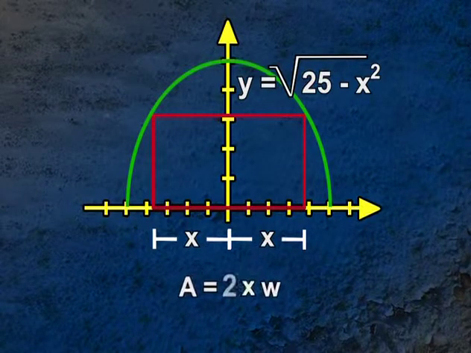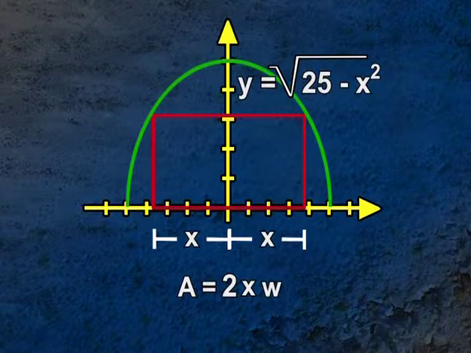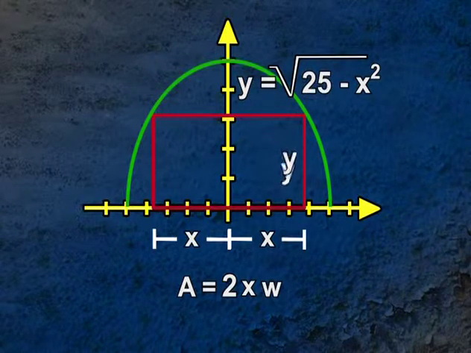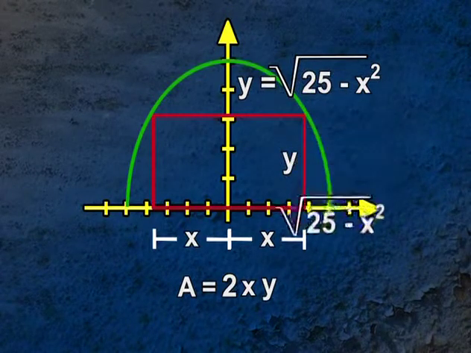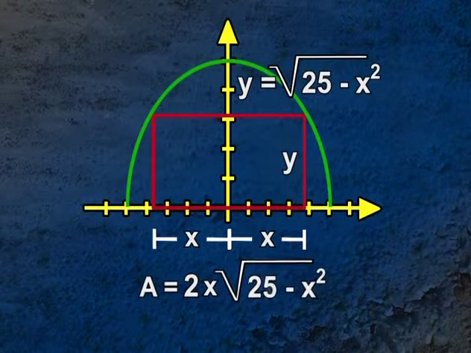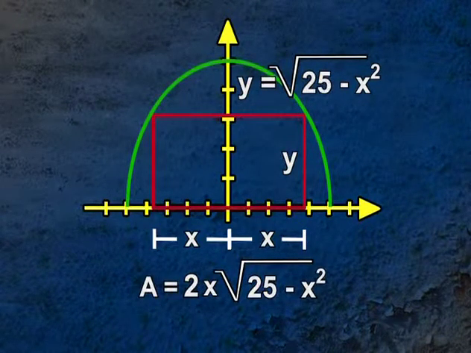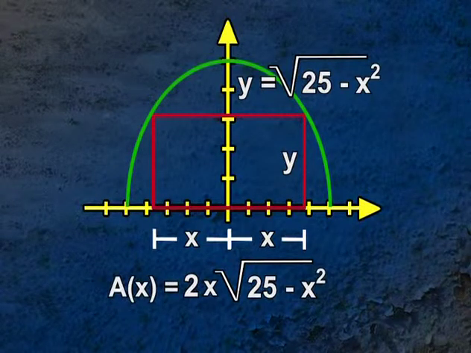The length then can be expressed as 2x. The width of the rectangle is the distance from the x-axis to the semicircle. Well, that's simply the y, the vertical distance here, but we know y is the square root of 25 minus x squared. So here's our area in terms of x. And if we want to write this in function notation, we could write it as A of x like this.